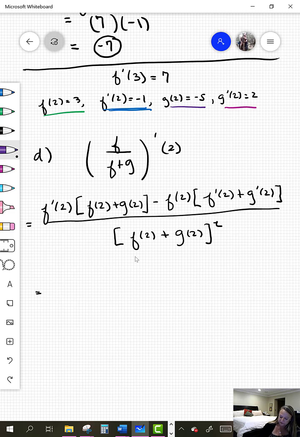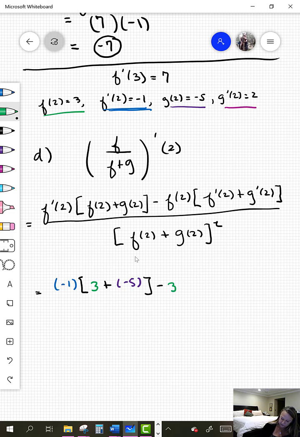So f prime of 2 here was the -1. So we have -1 all times f of 2, which we were given was 3, plus g of 2, which we were given was negative 5, so plus a negative 5, minus f of 2 again was 3, times f prime of 2 is negative 1, plus g prime of 2 was 2, all over that denominator.